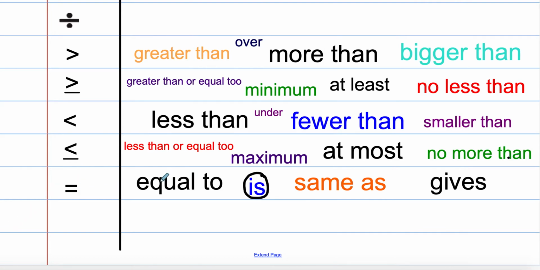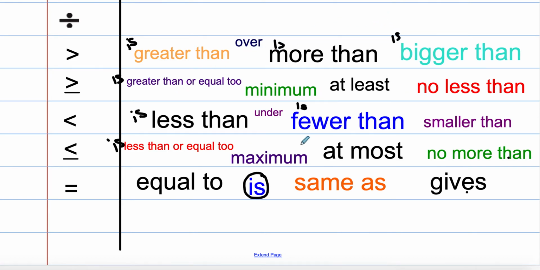The equal sign, equal to, I've circled because that's going to be a huge factor here. Same as and gives. The word is comes before these words, then you're going to have that equal something. So actually all of these should say is greater than, is less than, is greater than or equal to, is less than or equal to, is fewer than, is more than, is bigger than.